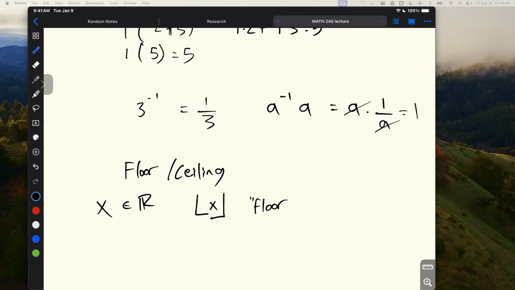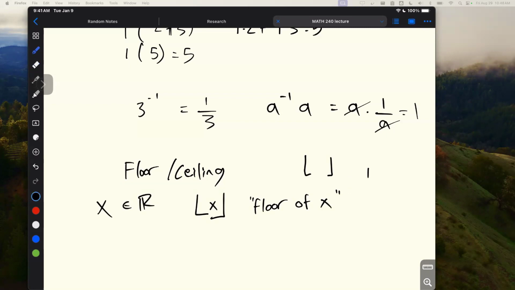So floor of X, it's like we wrote a square bracket, but we just take off the bracket part at the top. So we have the bracket part at the bottom. That's the floor.